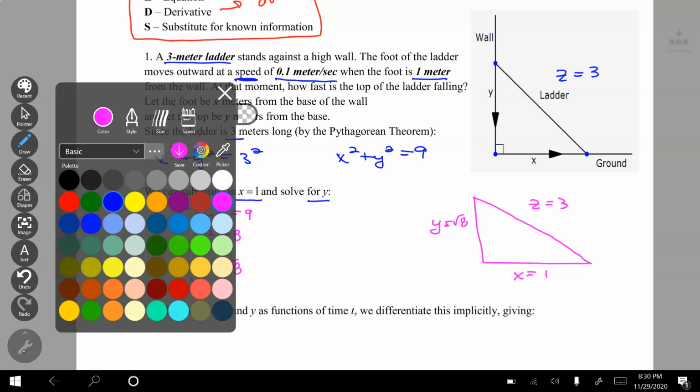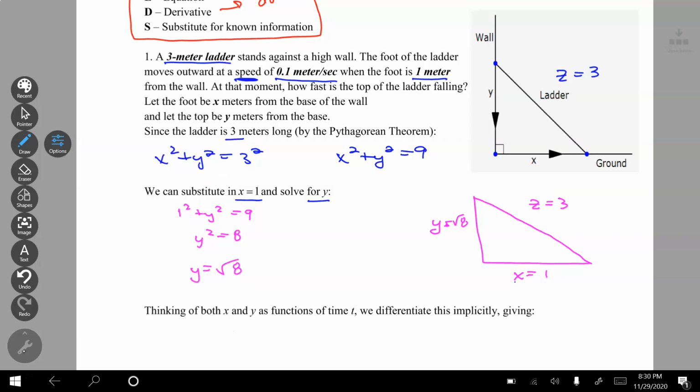Do I know any rates? Well, let's see. I think we were told that x prime was equal to, because it is moving out this way, and we're going to learn that to the right is positive, to the left is negative, up is positive, down is negative. This guy is moving down, so this is 0.1 meters per second.